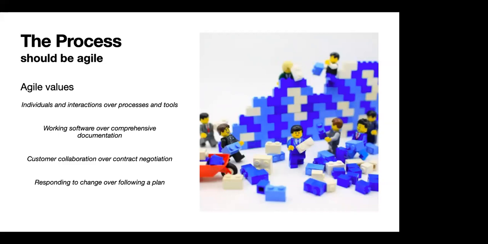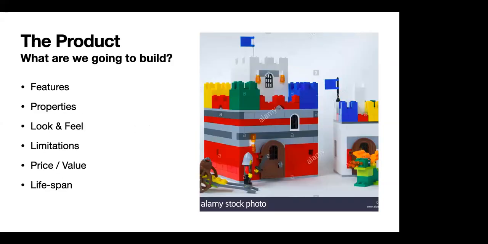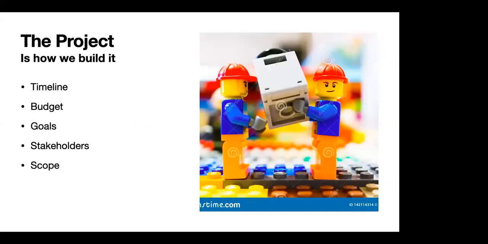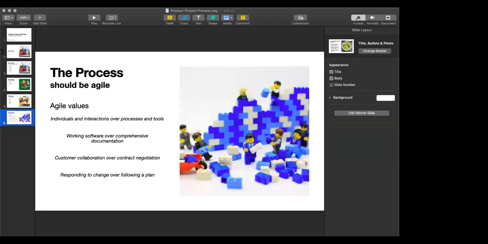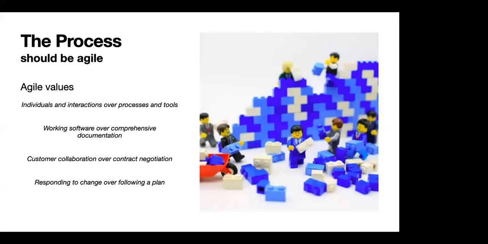Okay. Customer collaboration over contract negotiation. So if there is a contract that says there should be a door that's brown, we should be able to negotiate, and the client should also be flexible enough. We should be able to collaborate and convince, and the client should be able to listen, and that requires a bit of faith, a bit of building trust with the client.